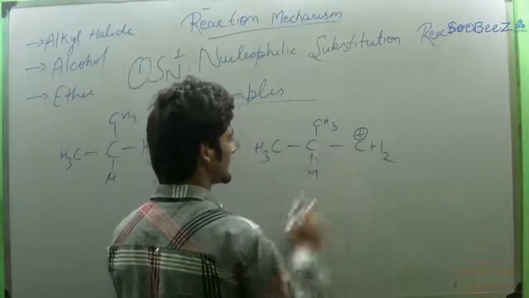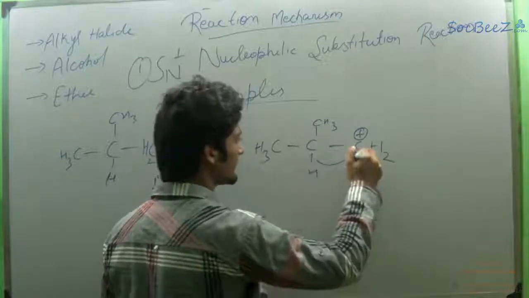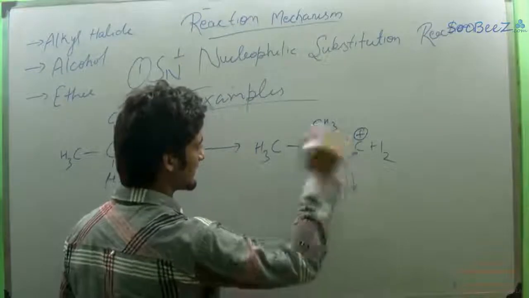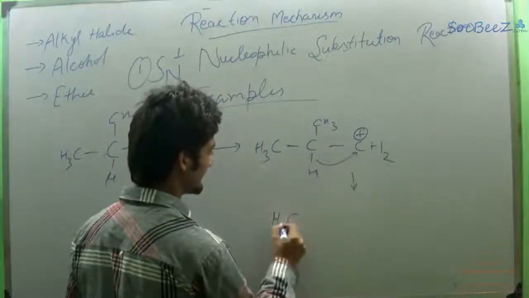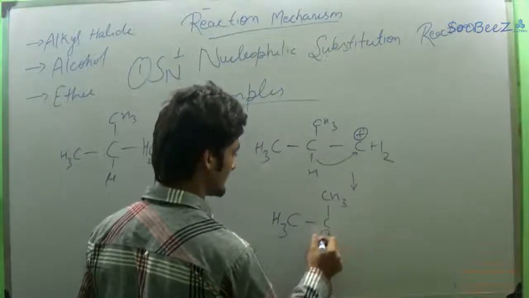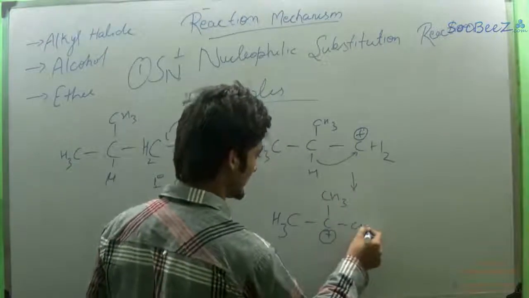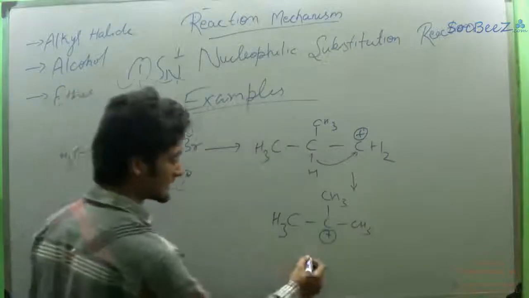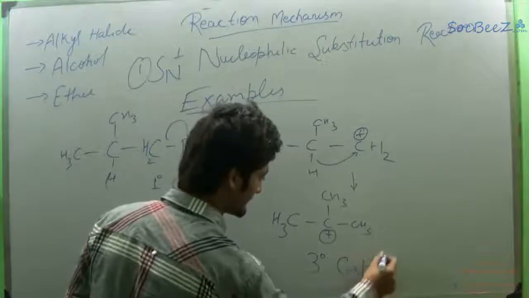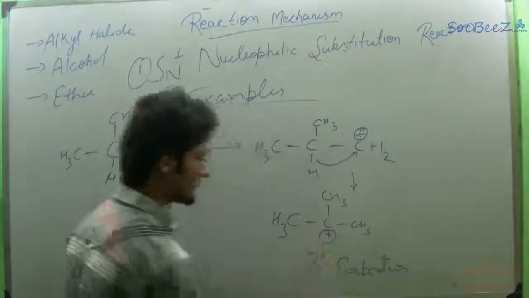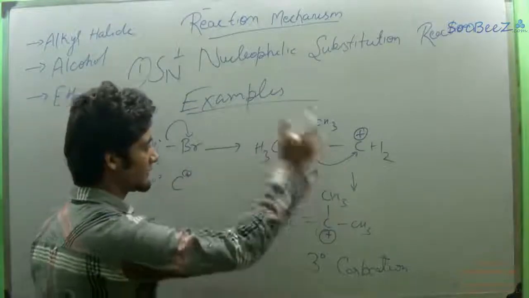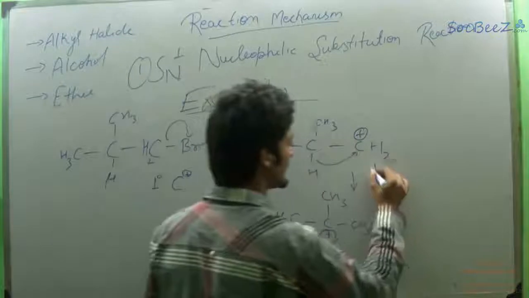That is, this hydrogen will be captured by this carbon and this carbocation will be rearranged. So we got a 3 degree carbocation, which is very favorable, very stable. Thus, this reaction will have a rearrangement.